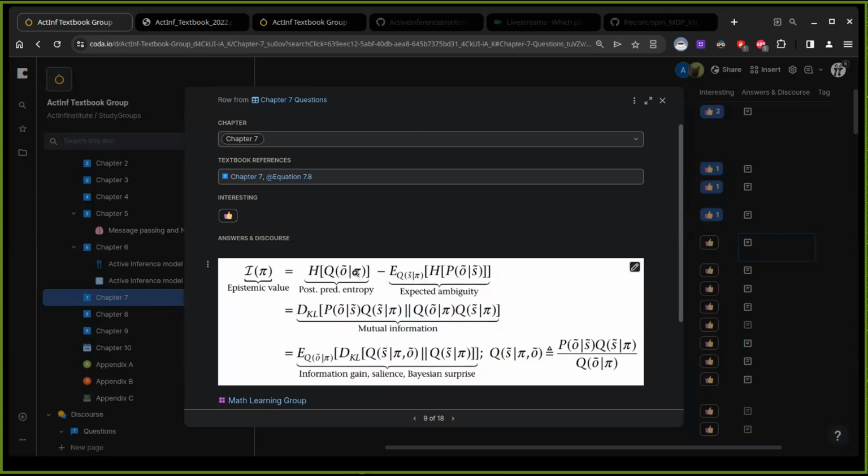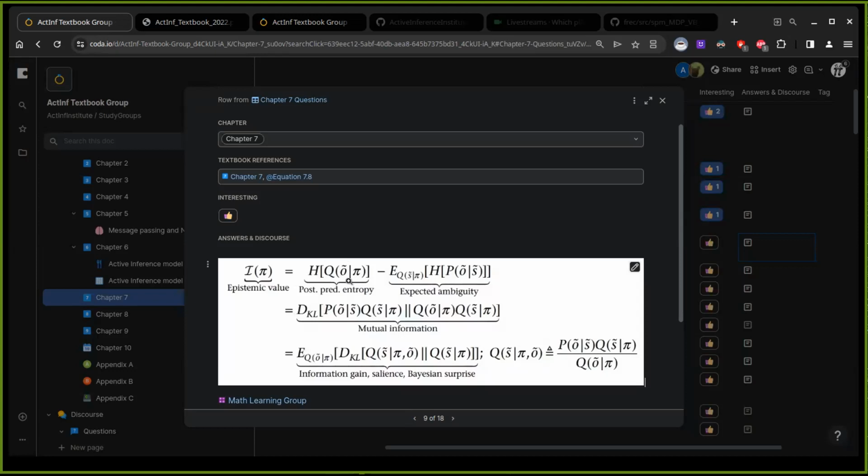So if our action is associated with very blurry observations, then it's going to be a high entropy. Whereas if the observation entropy is very low, then those observations have lower entropy.